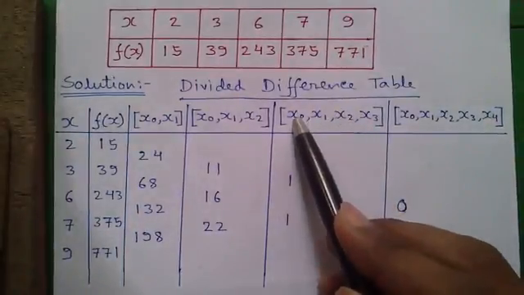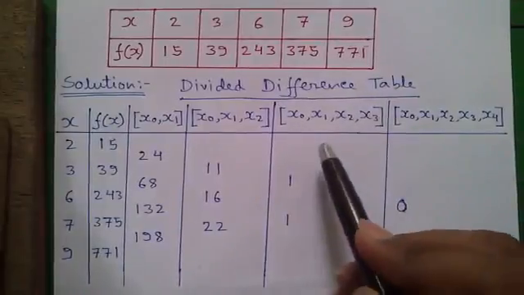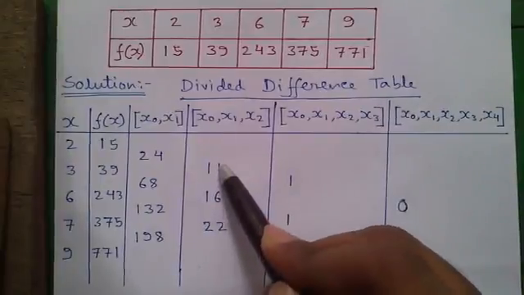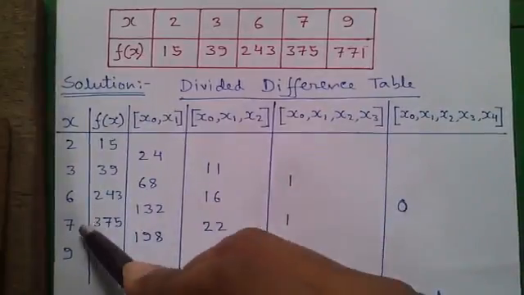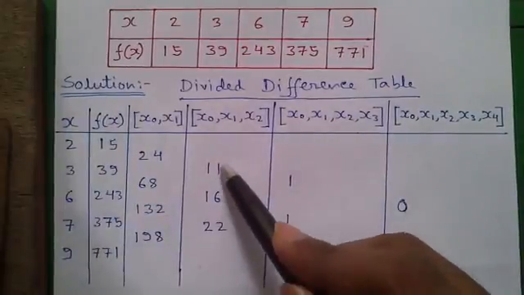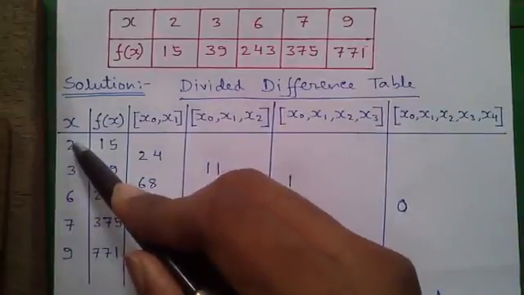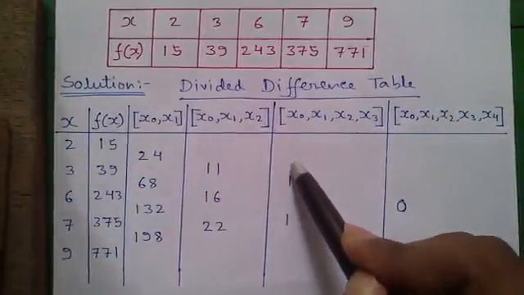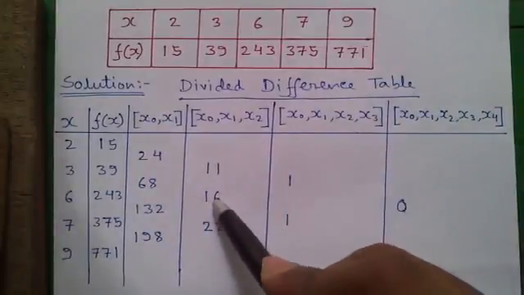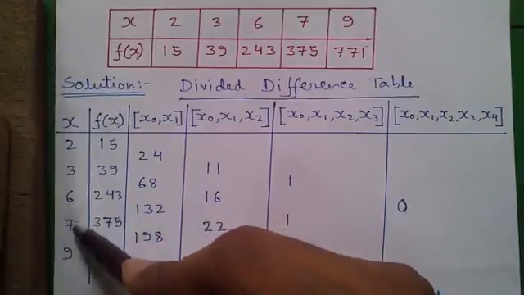Our next column is x0, x1, x2, x3 column. So this number can be obtained by 16 minus 11 divided by 7 minus 2 with a gap of two numbers. So 16 minus 11 is 5 and 7 minus 2 is 5. So 5 divided by 5 is 1. Similarly, for this number, 22 minus 16, that is 6 divided by 9 minus 3 with a gap of two numbers.